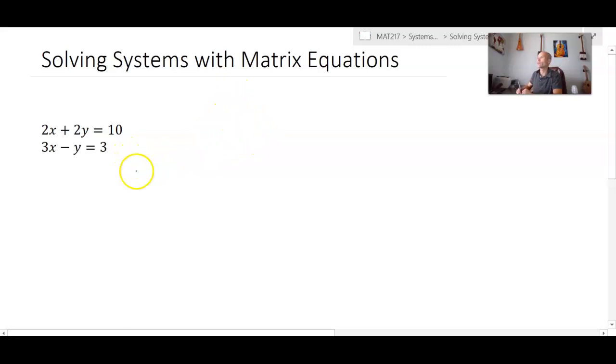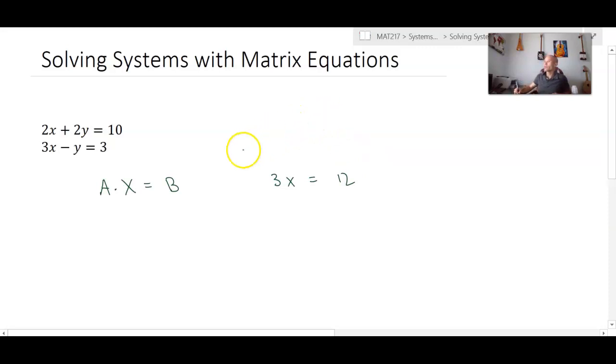If I have a matrix equation of the form AX equals B, and I think I'll use capital letters to denote matrices here. If you think about this as you would an equation in algebra like 3x equals 12, then you could probably think about a couple of different ways to solve this.